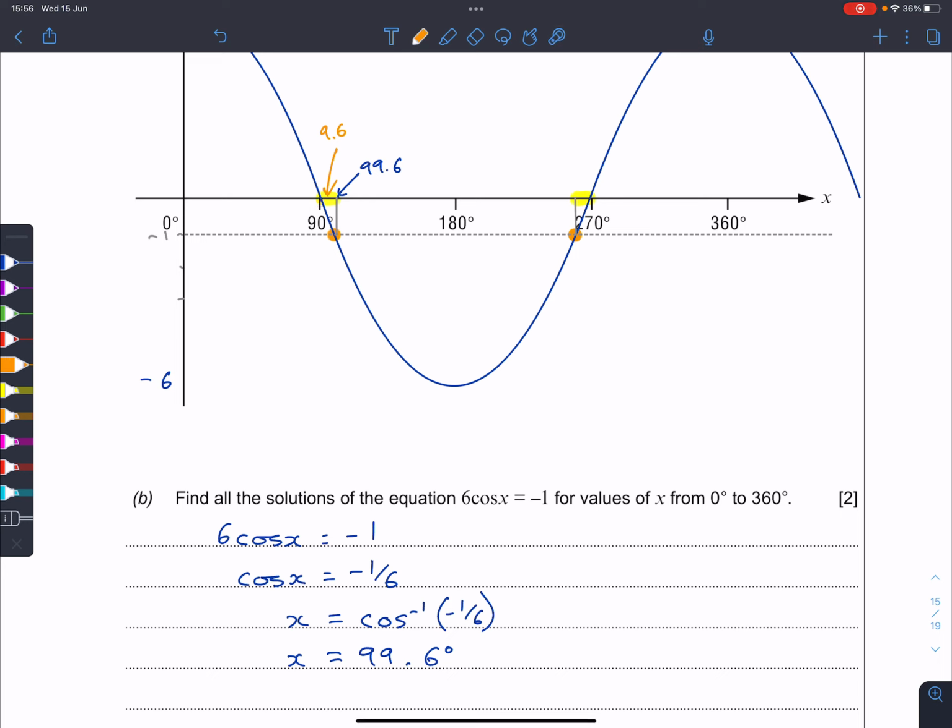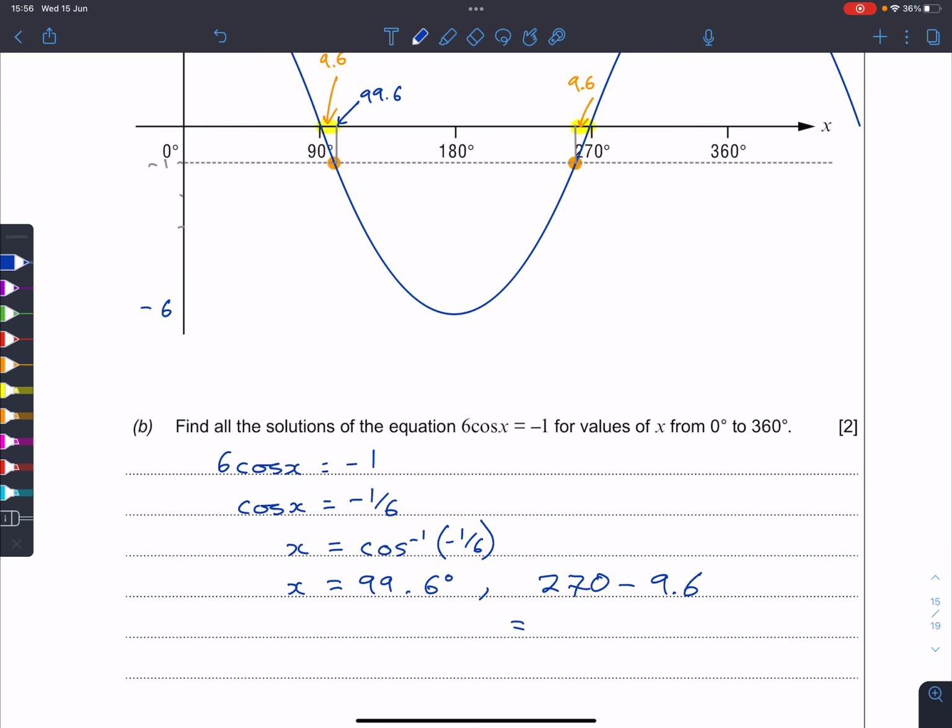That also tells me that this yellow gap in here is also going to be 9.6, but it's 9.6 less than 270. So my other solution could be 270 minus this 9.6.